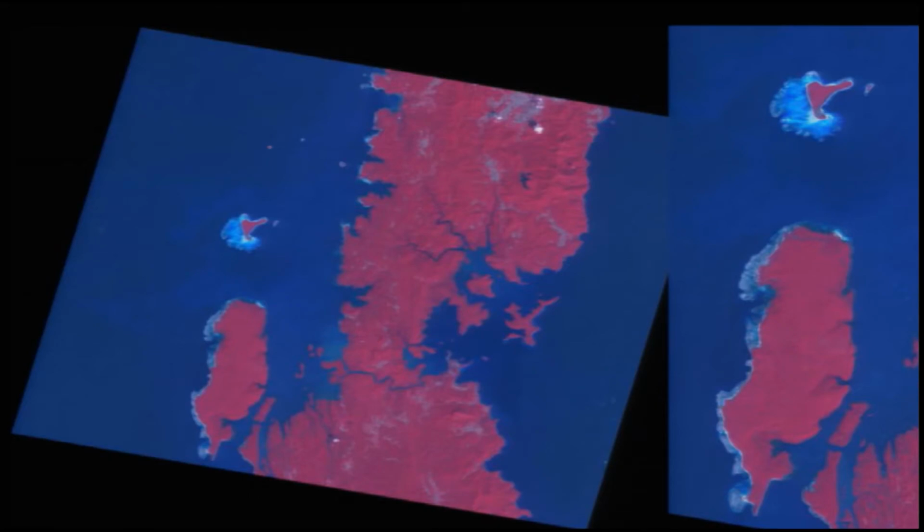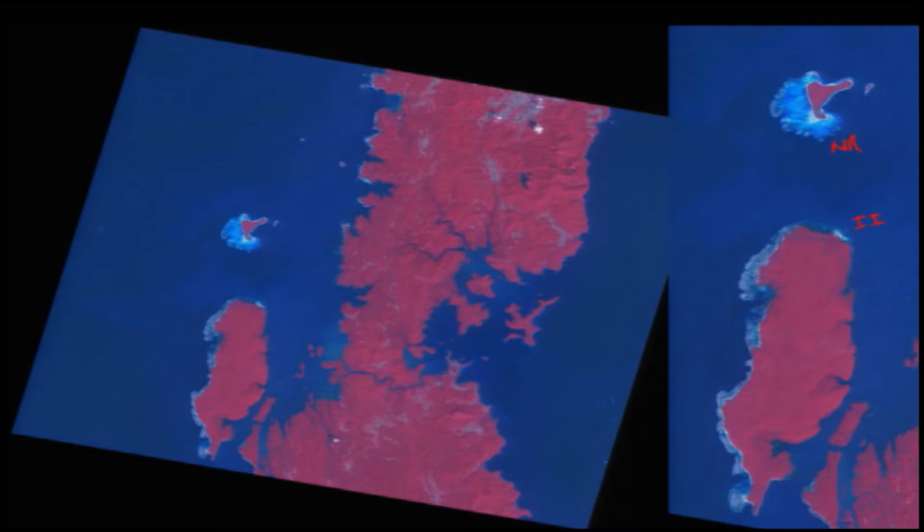Now these are the satellite images of the area. This is North Reef Island and this is Interview Island.